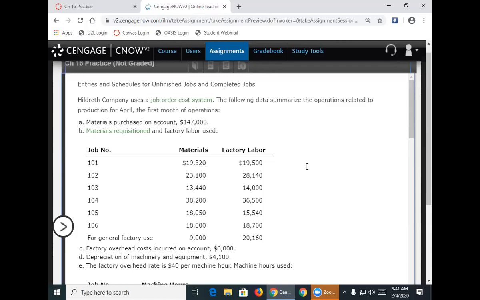What would I add up? Direct materials and direct labor? Well, just materials though. Yeah, just for direct materials, we're going to put it all together, but I wanted to break it down. So just for the jobs, right? I would add up job 101 through job 106 materials.